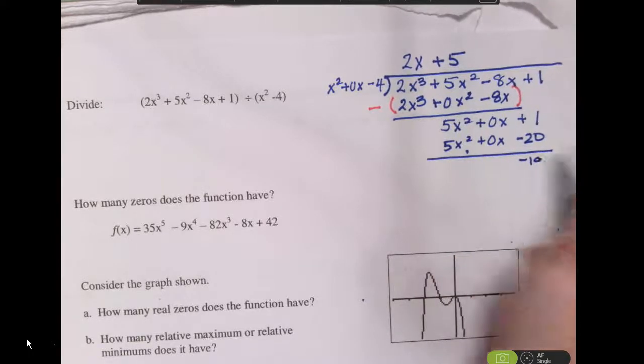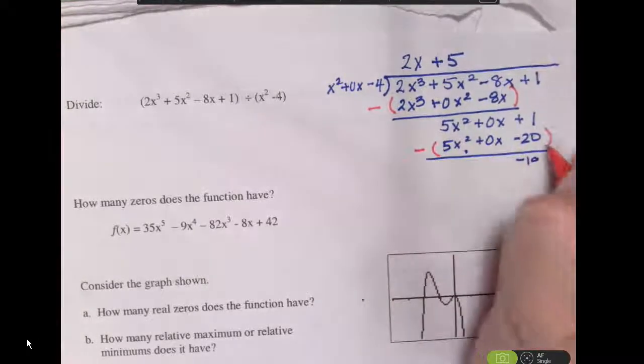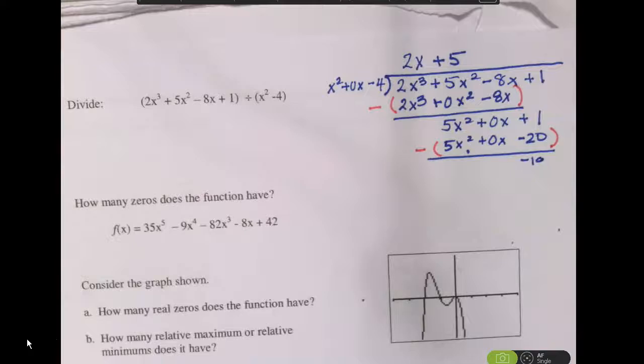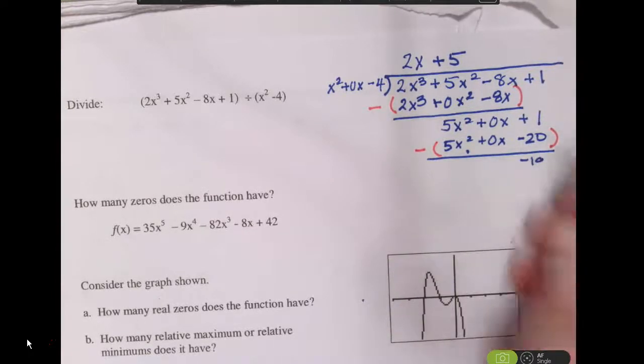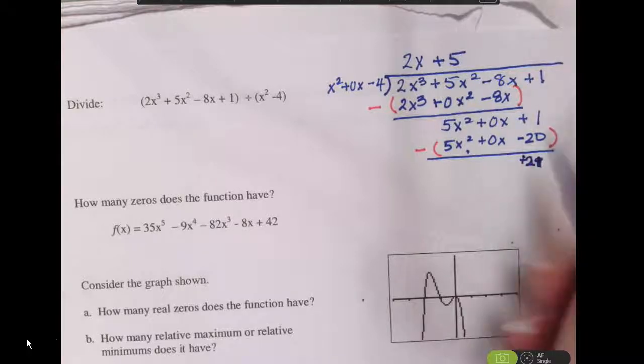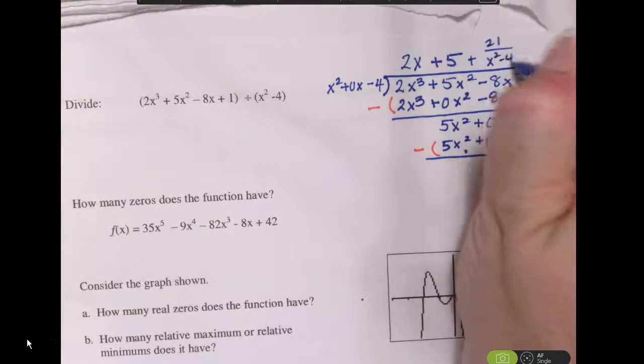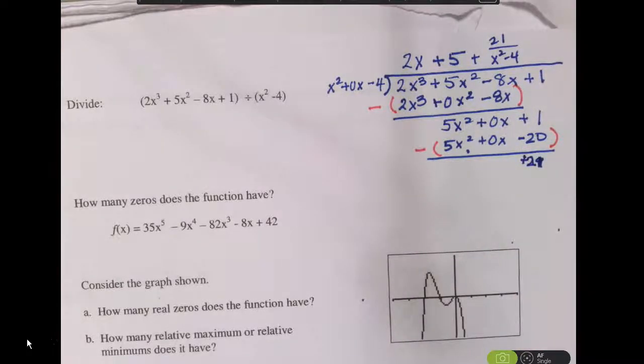So negative, show my subtraction, or else I might mess up my answer. 1 minus minus 20 is not negative anything, it is positive 21. So I've got 21 over x squared minus 4 as a remainder.